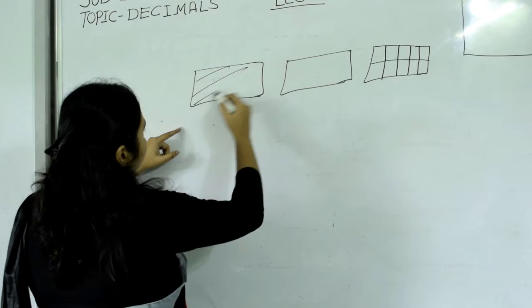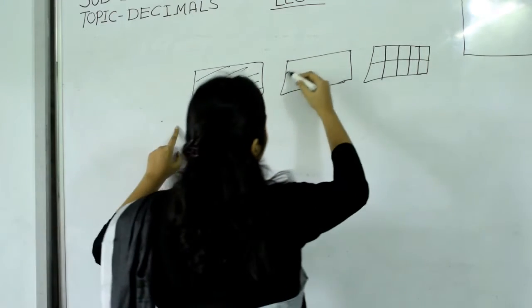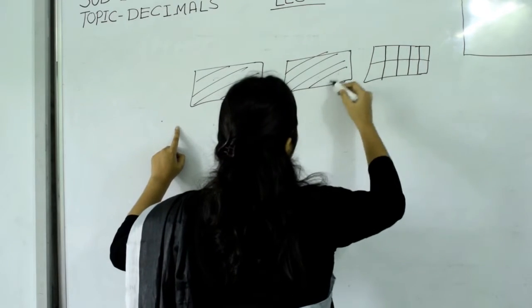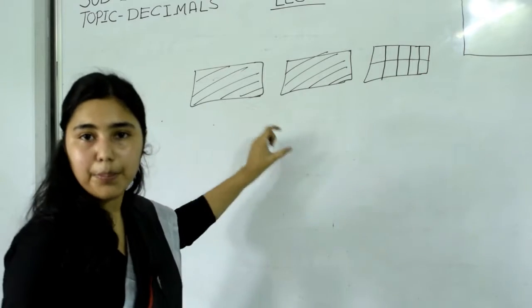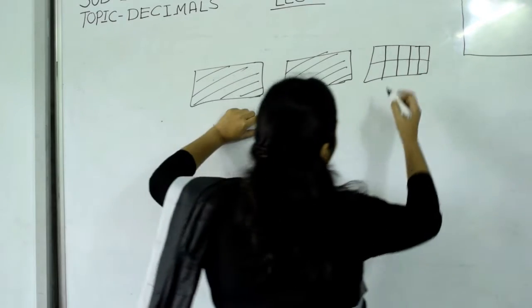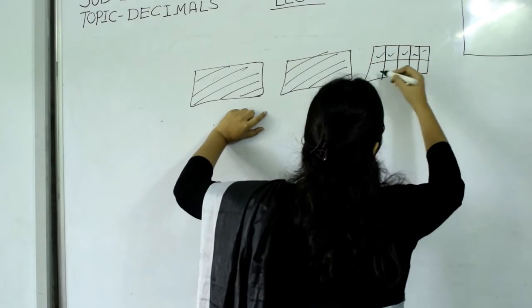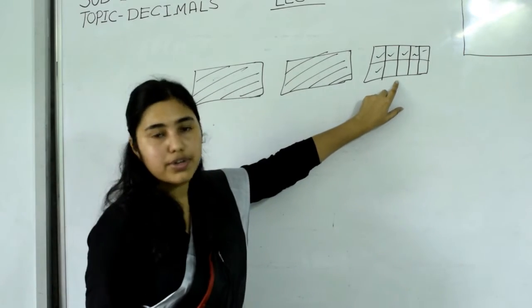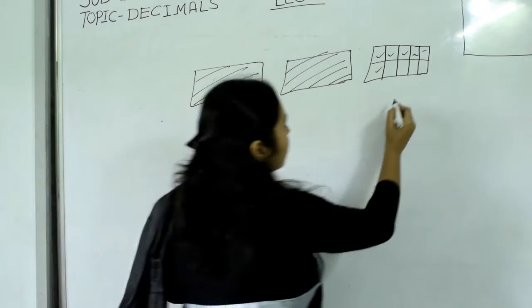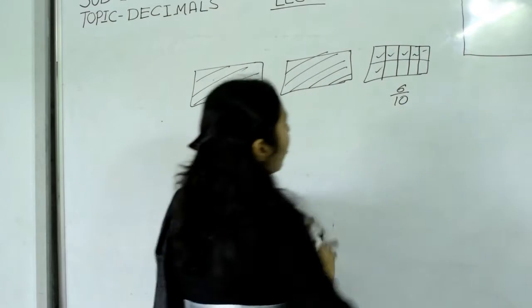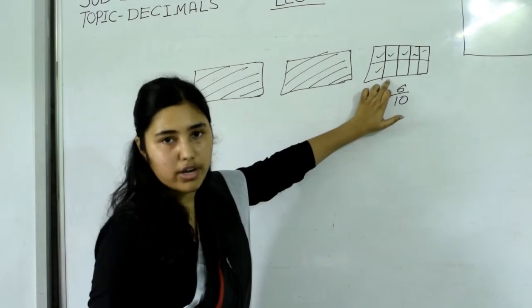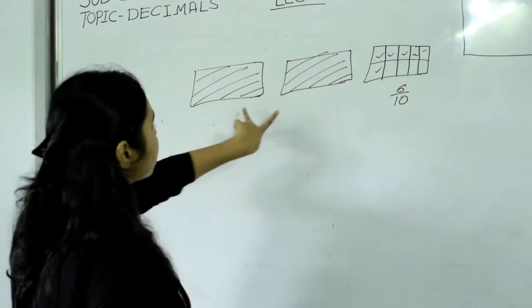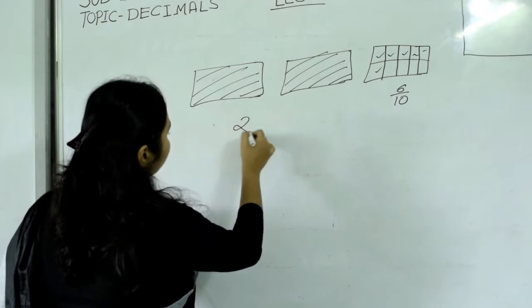Now consider 2 complete chocolates and 6 parts out of 10, which means 6 by 10 of this third chocolate.